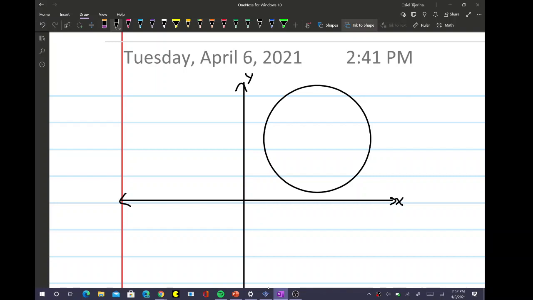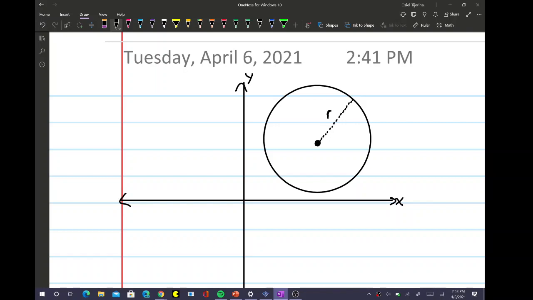Now, there's, of course, the center of the circle, and this might not be drawn to scale because I'm drawing it on notebook paper. There's a dashed line, and this is called the radius, right?